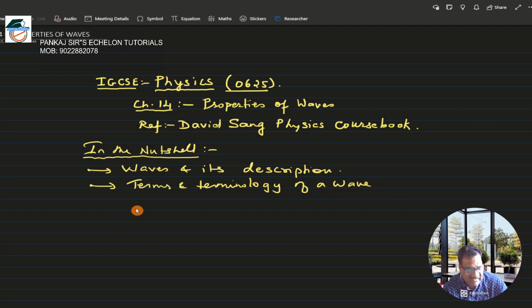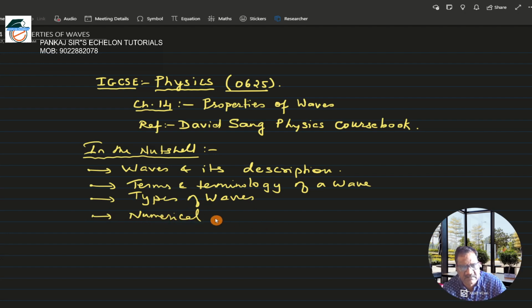Next you will be coming to different types of waves. The order can be slightly changed, but types of waves will be the next thing. Next will be certain numericals. Then we'll come to wave fronts and the ripple tank.